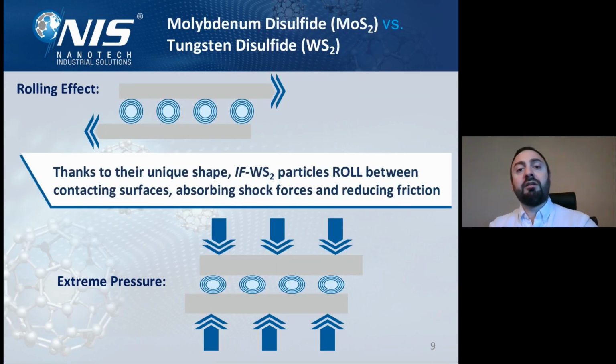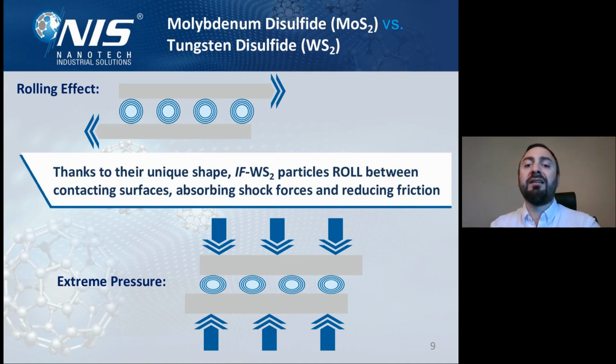As I mentioned in a previous slide, and again, the video will be distributed to each of you, due to the particles' shape and geometry, because the particles are spherical, they can play the role of nano ball bearings. So they can roll between the surfaces. But the very important point of these particles is that they have a very high impact resistance or extreme pressure, but extreme pressure has two points. One is dynamic and another one is static.